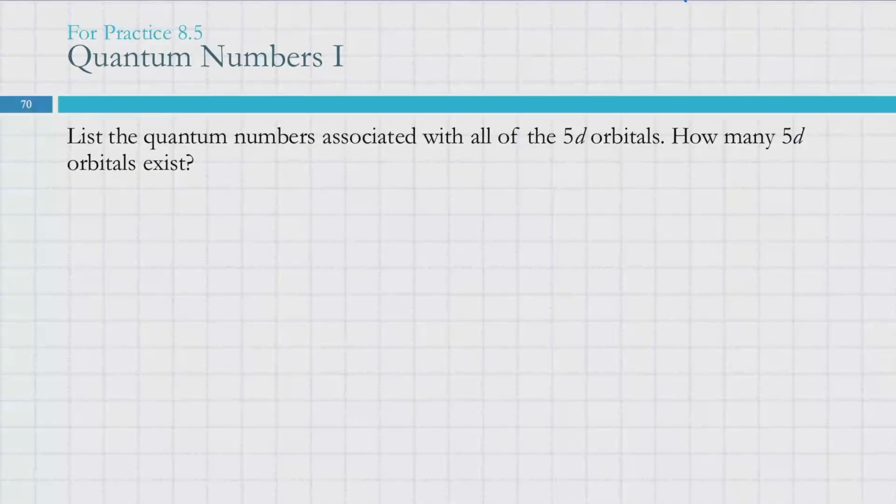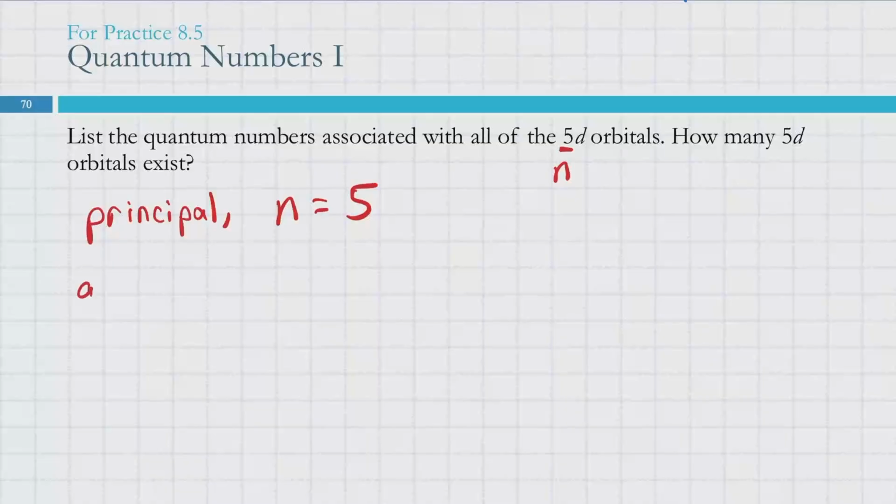Our principal quantum number, which has what symbol? N. And what is n equal to here? 5. So this number in front, this is our n. So n is 5. And then we're told that it's d.